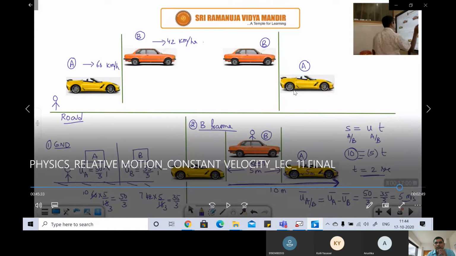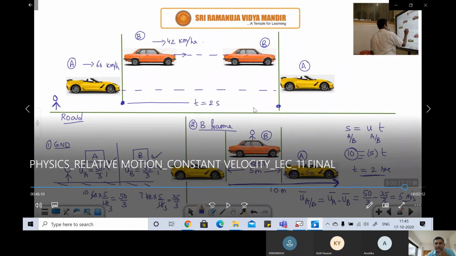Now the total road distance means, for the yellow car, the distance of its engine from the initial position to the final position, from this green line to the other green line. What is the distance between green line to green line?